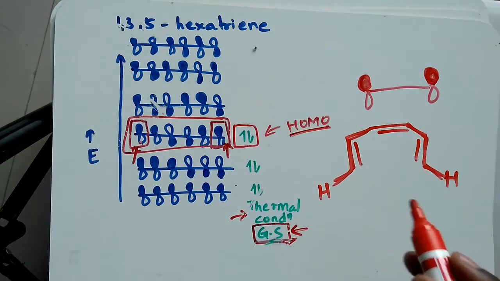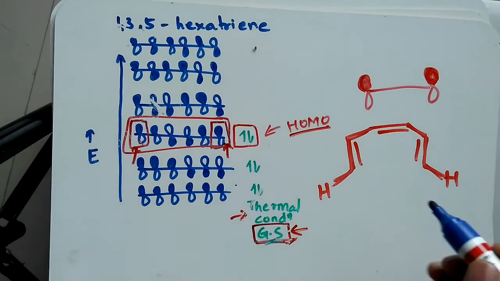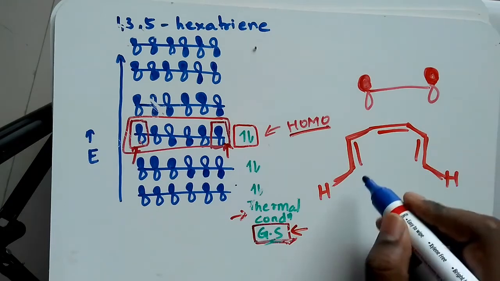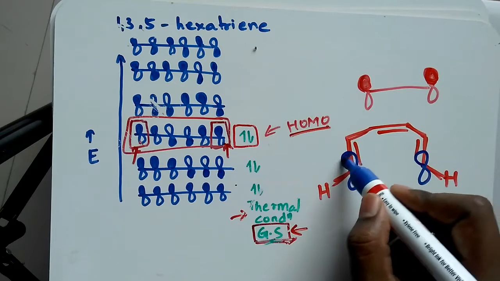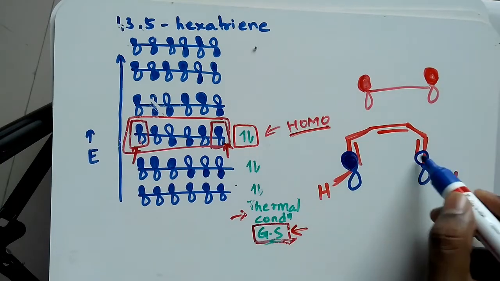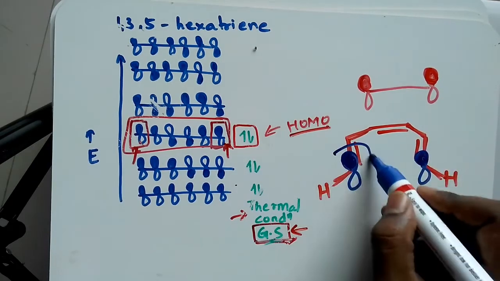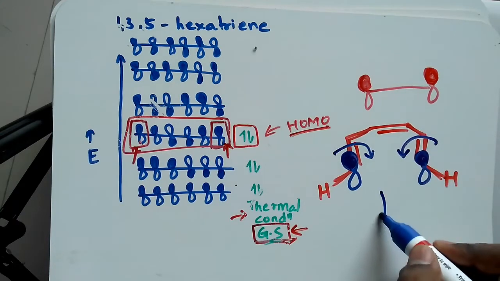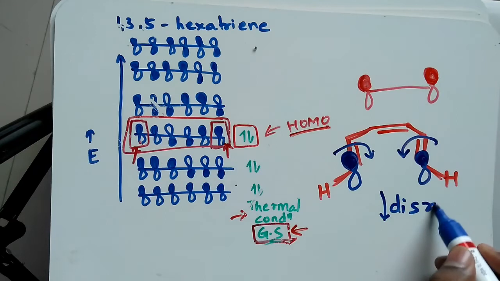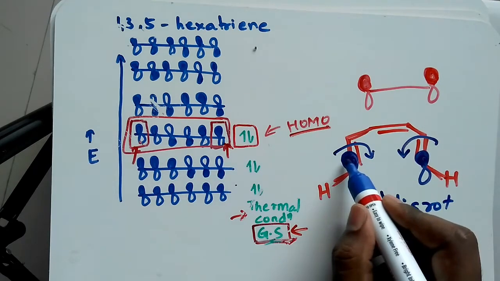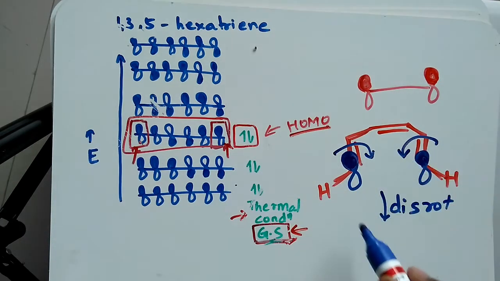To bring it to the cis part, we need a disrotatory motion. So the next part: this positive phase here, positive phase here. If I have a disrotatory motion, this part comes here and this part falls here, and the positive phases come in contact with each other.